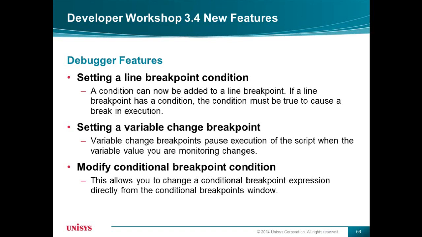For instance, I have a variable called X that will be incremented 1 through 10, and I only want to break at execution 8, or when the variable is at 8. So we can add a conditional break, and rest assured that it will break only when the condition is met, in this case 8.